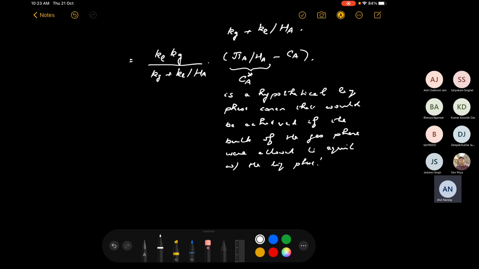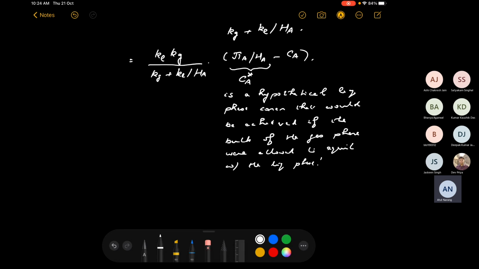So this is not a real concentration, right? We have basically multiplied pi A by a constant, which is 1 over HA, that transforms pi A into a liquid phase concentration.